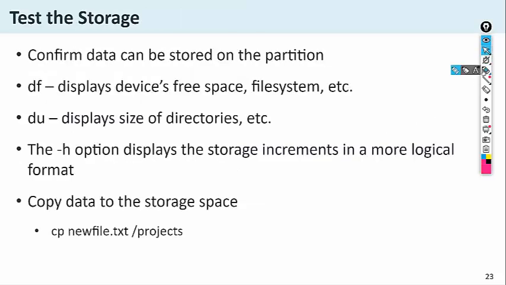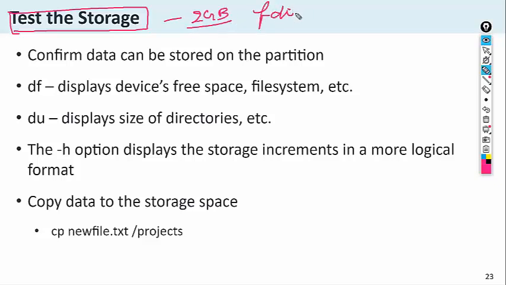Now the question is how to test the storage. You have created a partition, say of 2 GB. You can check it using the fdisk -l command, which will display the information of all the partitions.